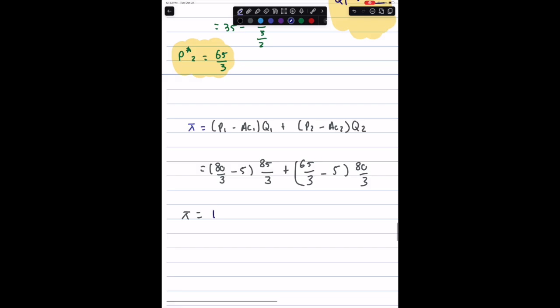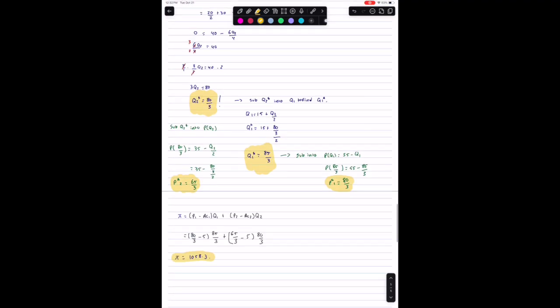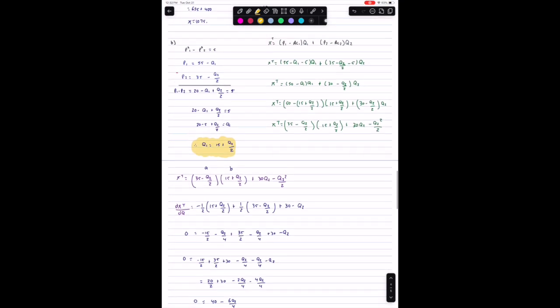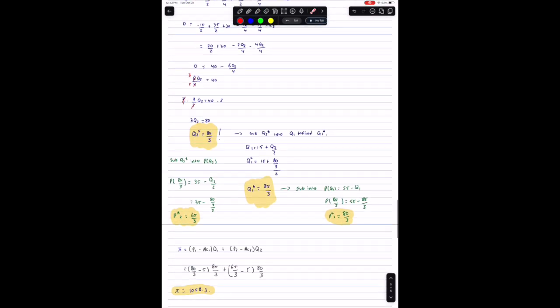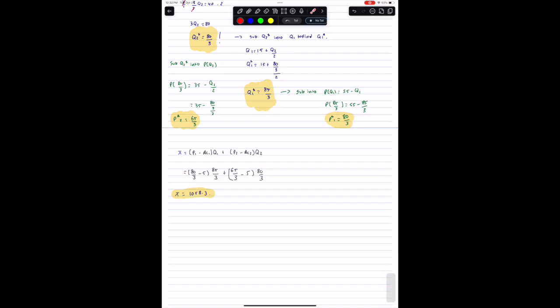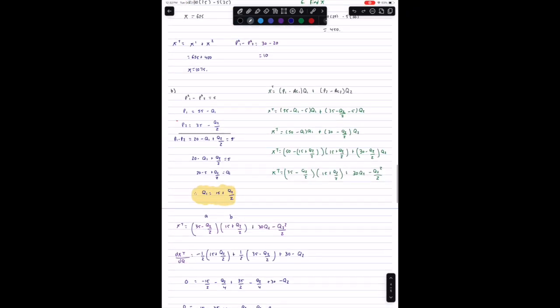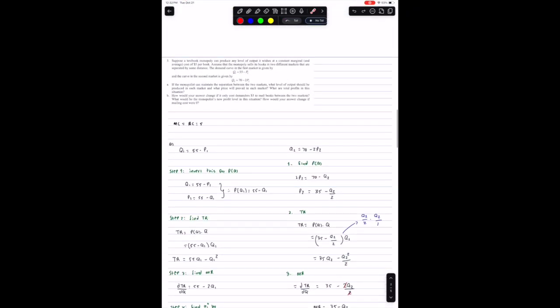Our new profit is going to be equal to 1,058.3. And why is this significant? Our original profit, when the price discrimination level was equal to 10, was 1,075. Now that the price discrimination constraint tightened, because the price discrimination level decreased, the profit of the monopolist decreased as well, which is very fascinating, and that's really what you're trying to prove.